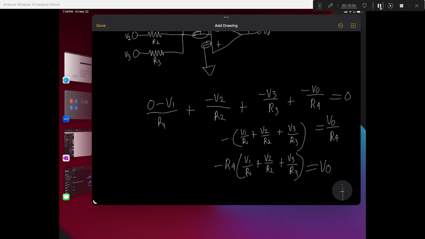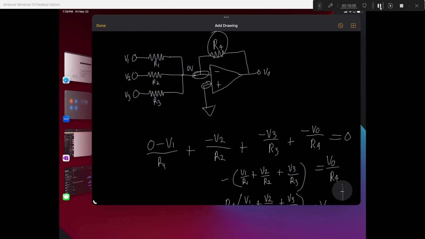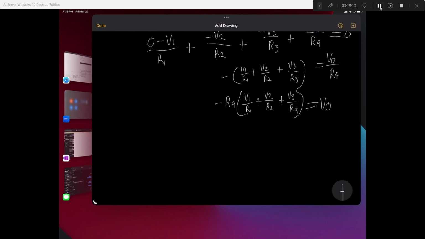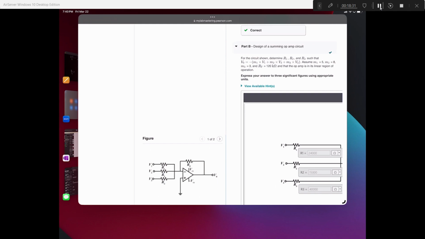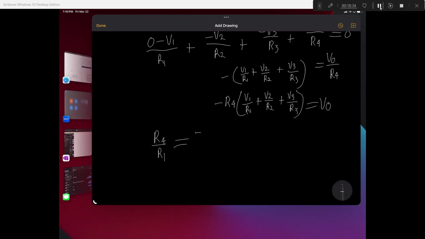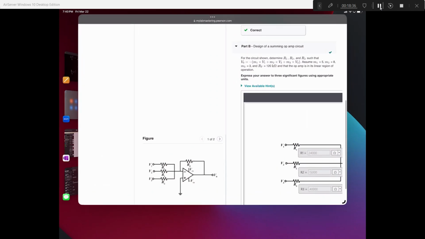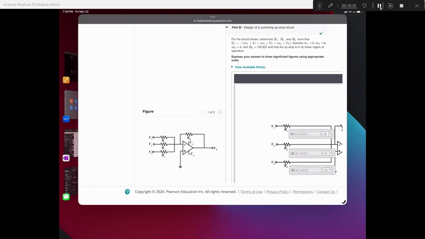So it's basically telling us that when you multiply R4 over, that's going to be R4 over R1 will be equal to the M. Let's say M is 5, and RF, which is our R4, is going to be equal to 120.